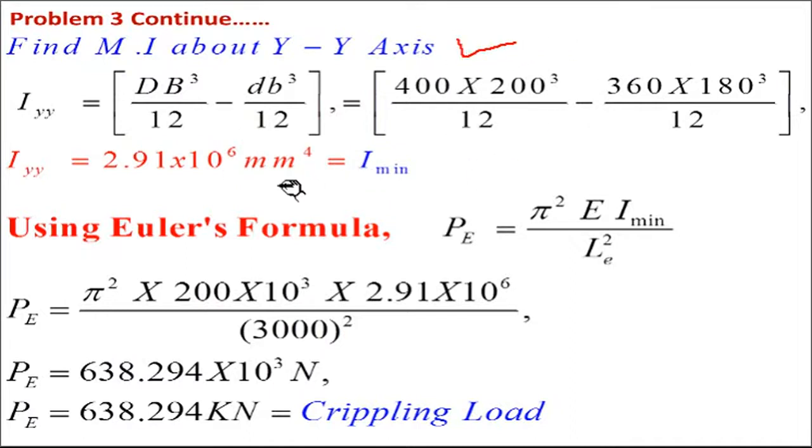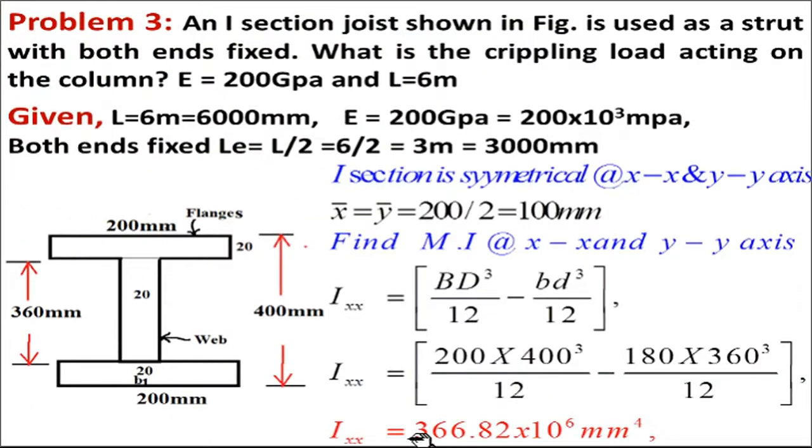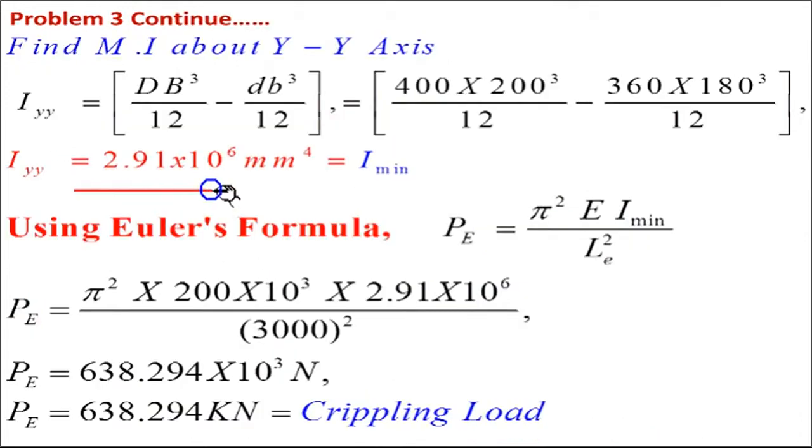So do the calculation and find out the moment of inertia value. It is 2.91 into 10 to power 6. This is IYY, 2.91 into 10 to power 6, and IXX is 366.82. Here IYY is minimum, and that IYY is nothing but I minimum. In the formula we are using I minimum, so here IYY is less than IXX, so I minimum will be IYY.